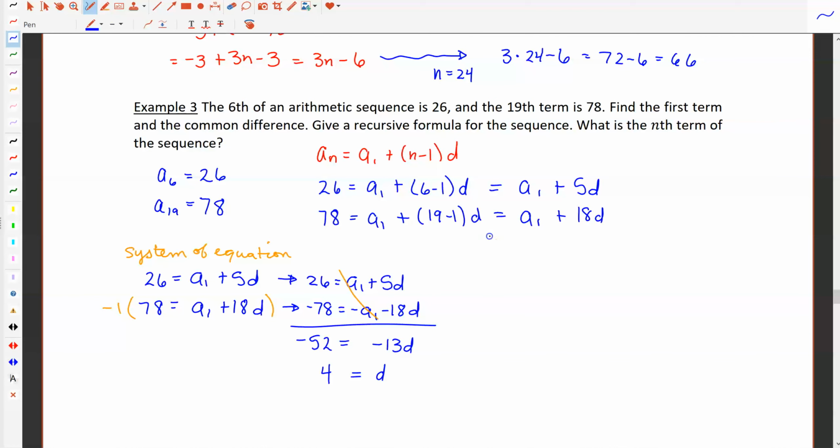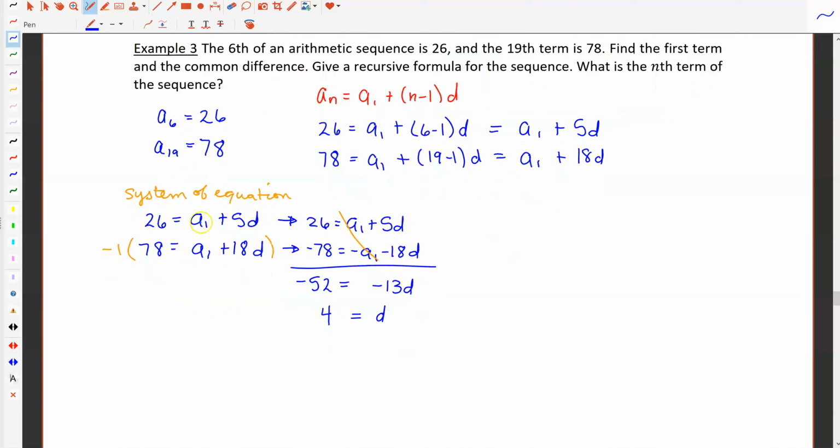All right, so I had two variables in my system, a sub 1 and d. I have now found my value for d. We can back substitute, which I usually just abbreviate as saying back sub. I can back substitute into any of the previous equations to figure out the value for the other variable. So I'm just going to use the first equation in my system, which is 26 is equal to a1 plus 5d.